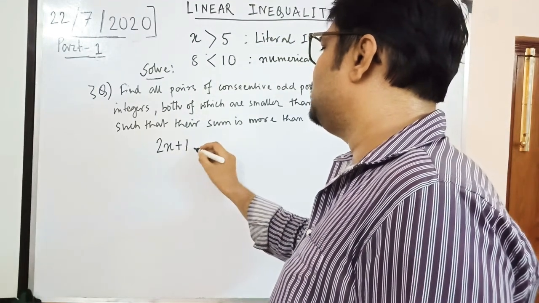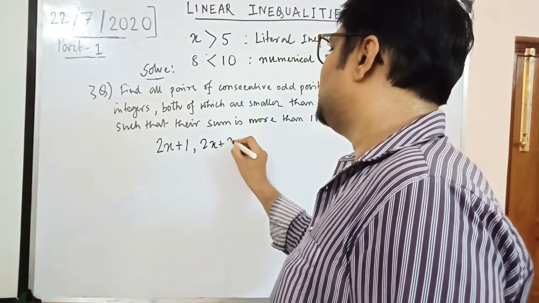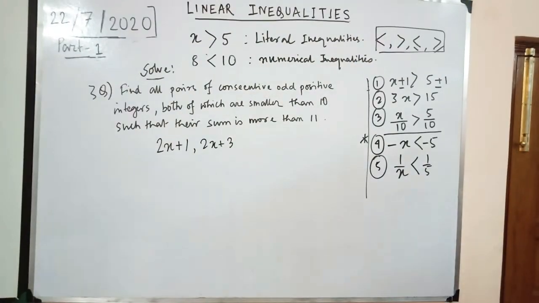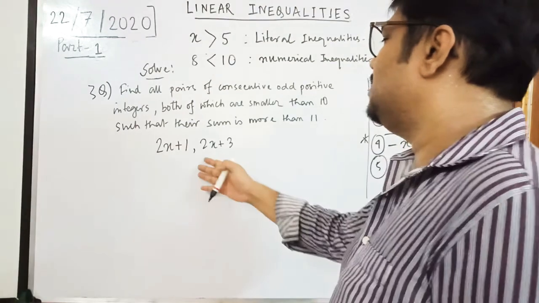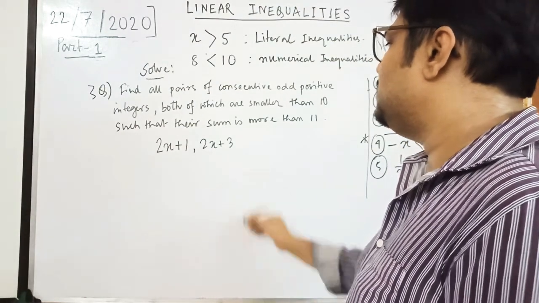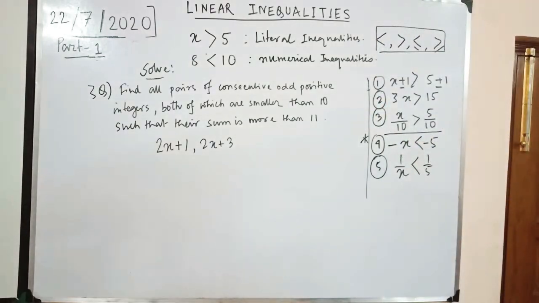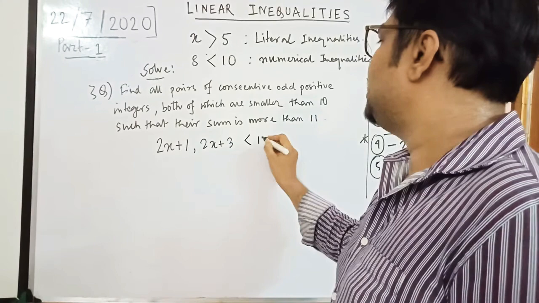So we can take 2x plus 1 and say 2x plus 3. So you know 2x plus 1 is considered as an odd number. So I took 2x plus 3 also, which is the next odd number, consecutive odd number. So each of these are smaller than 10.